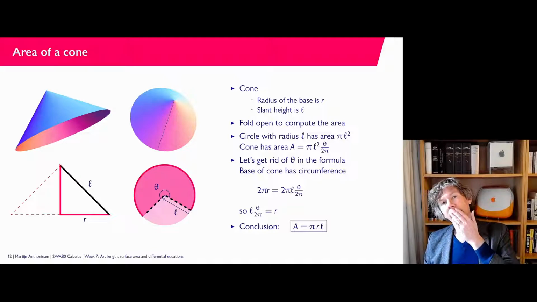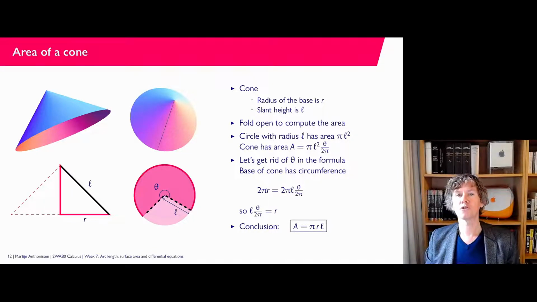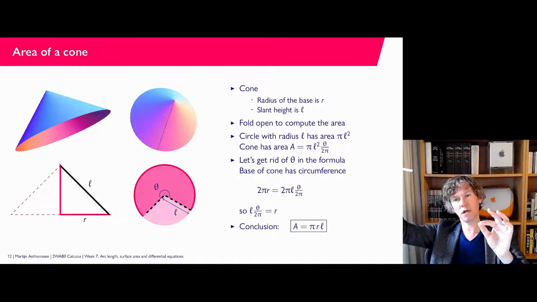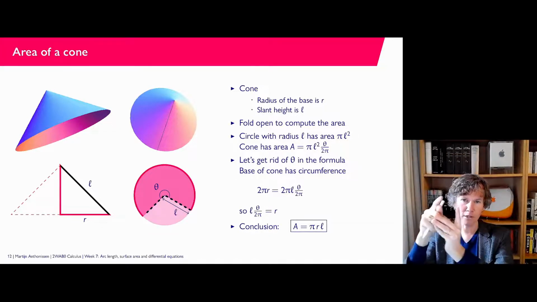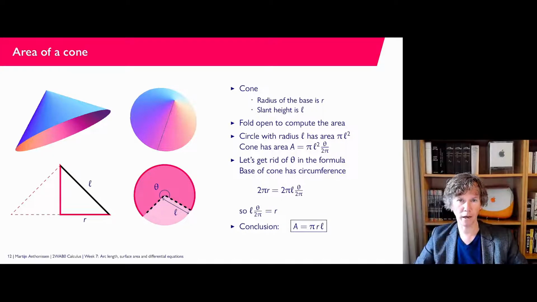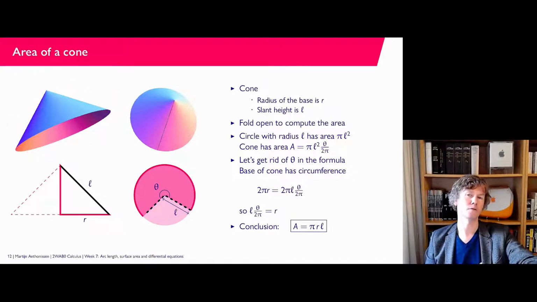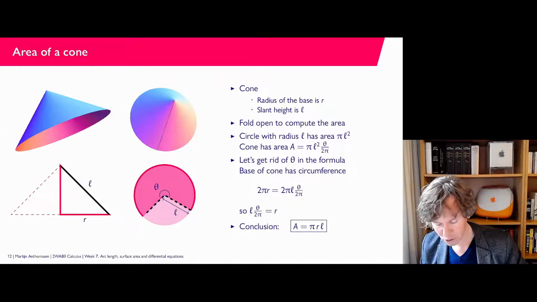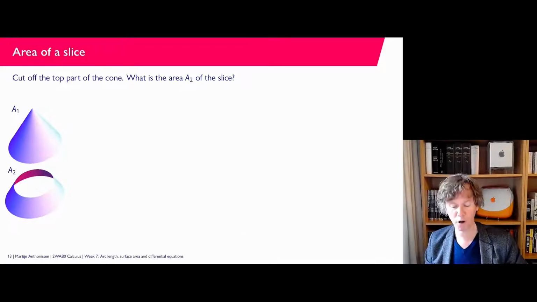Now, I don't want the area of a full cone, because if you think about a function, I'm going to cut that into bits, and then I'm going to have these line segments, and I'm going to rotate the line segments around the axis. So what I need is not a full cone like this, but a slice of it. So let's extend our derivation a little bit and cut off the top part of the cone.